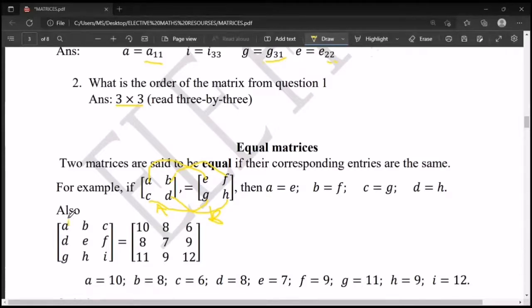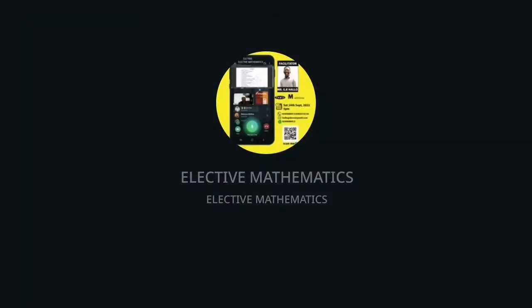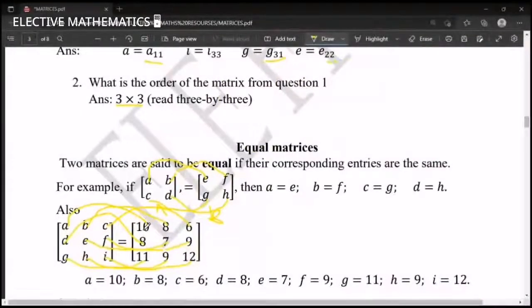So A goes with 10, B goes with 8, C goes with 6, D goes with 8, E goes with 7, F goes with 9, G goes with 11, H goes with 9, I goes with 12. So these are their corresponding entries.